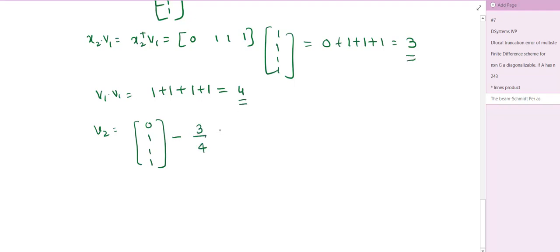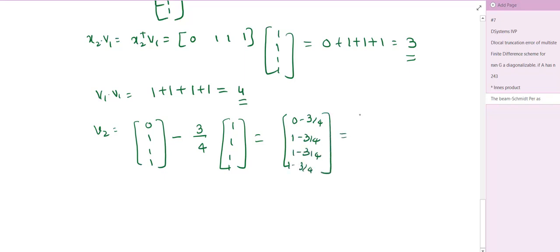This is equal to 0 minus 3 by 4, 1 minus 3 by 4, 1 minus 3 by 4, 1 minus 3 by 4. So this is minus 3 by 4, 1 by 4, 1 by 4, 1 by 4. So therefore, we have got the v2 vector.